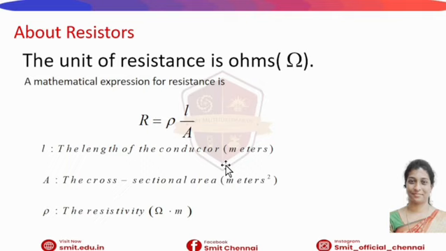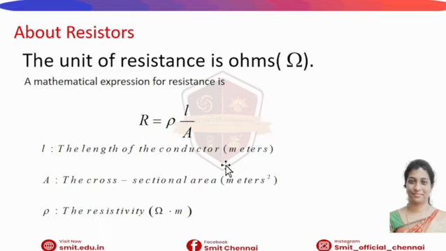Now about resistors and resistance. The unit of resistance is ohms. A resistor is an electrical component that opposes the flow of current. So if we want to oppose the flow of current, we add a resistor. If we want to oppose the current strongly, we use a resistor of high value.